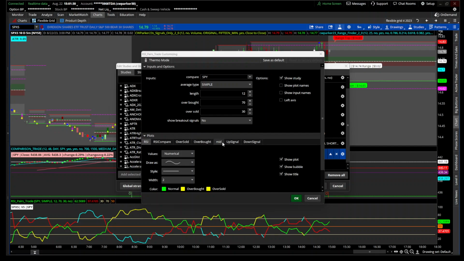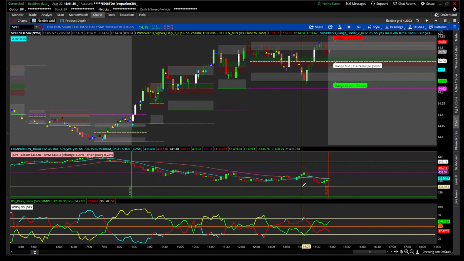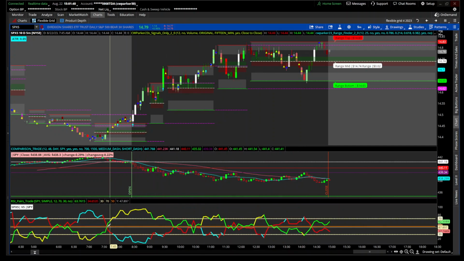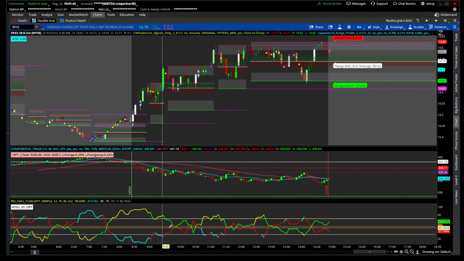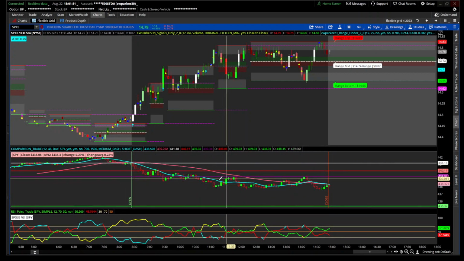Everything you'll be able to change. If you don't like any of the colors that I've chosen for the overbought and oversold levels, you can change that. So this indicator is basically used for whatever stock you want to compare relative strength to.